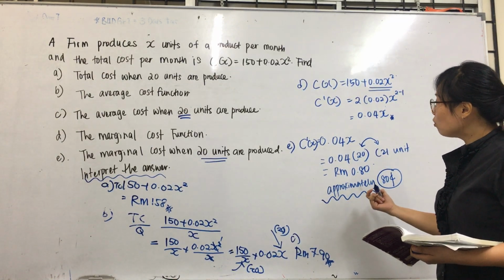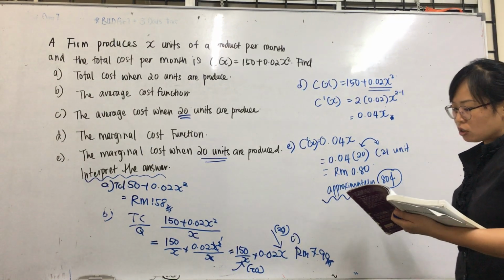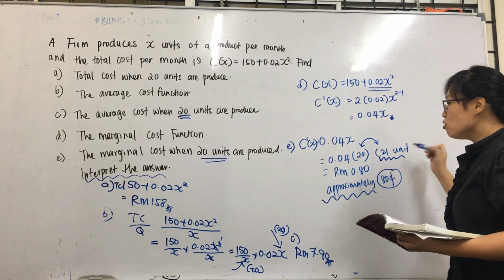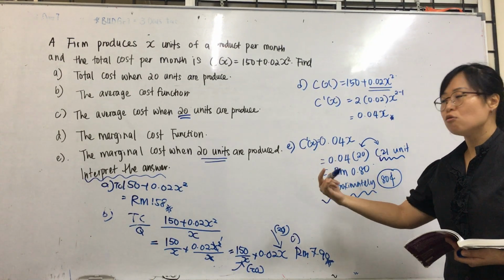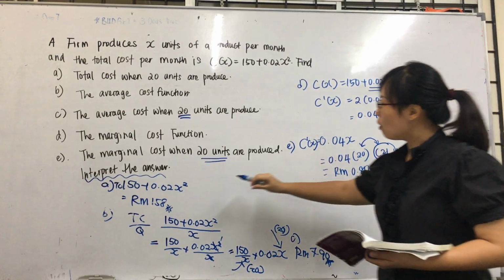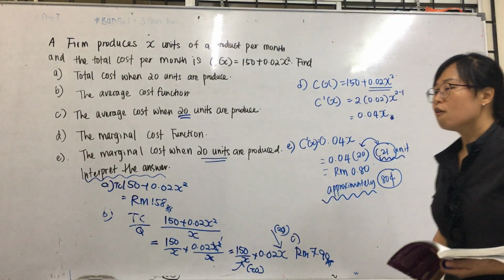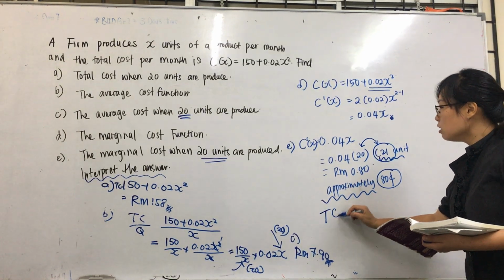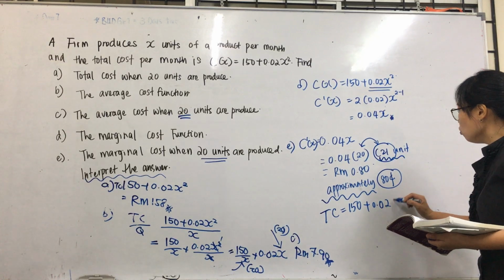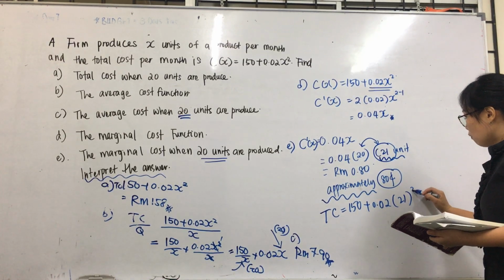So how do we find out the actual cost? If we want to find out the cost of producing the 21st unit, then we have to plug this 21 into our total cost function. Okay, total cost function is 150 plus 0.02 x to the power of 2.